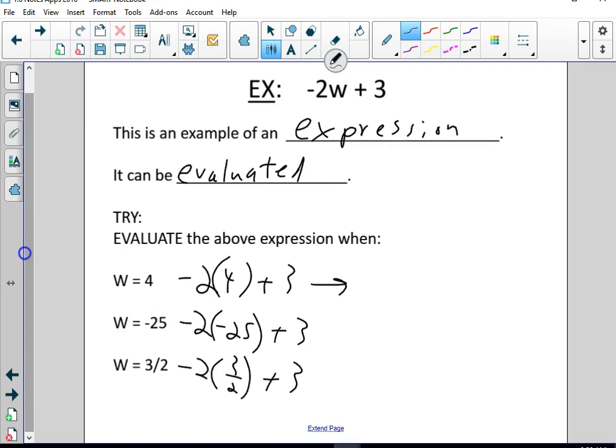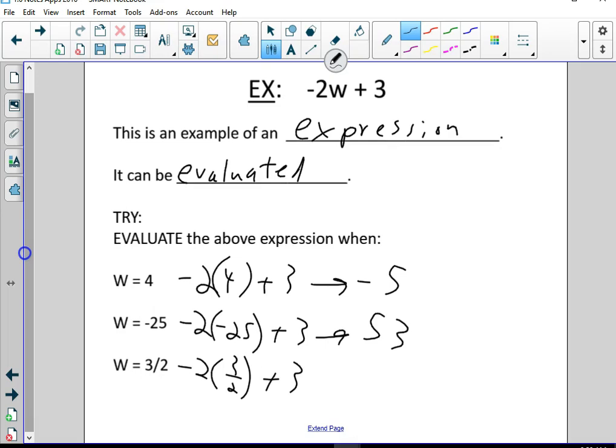So negative 2 times 4 is negative 8. Negative 8 plus 3 is negative 5. So that simplifies, evaluates. You're evaluating what happens when you plug that number in. 2 times 25 is 50. Negative times negative is positive. 50 plus 3 is 53. Now, don't let the fraction throw you off, because what do the 2's do? 2 on top, 2 on bottom.